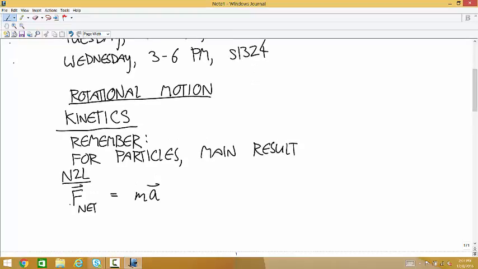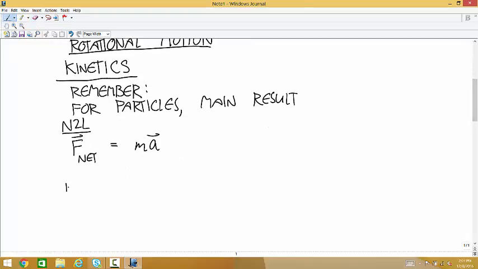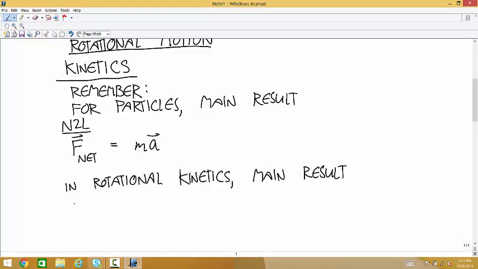The F net is what you get if you add up all the individual forces acting. In rotational kinetics, we're heading towards a similar thing. So the main result is the rotational version of Newton's second law. And it looks like this.